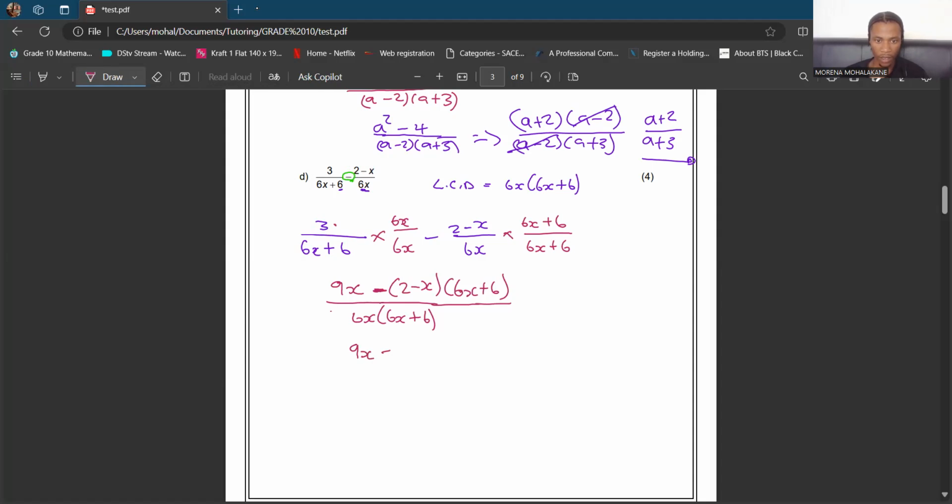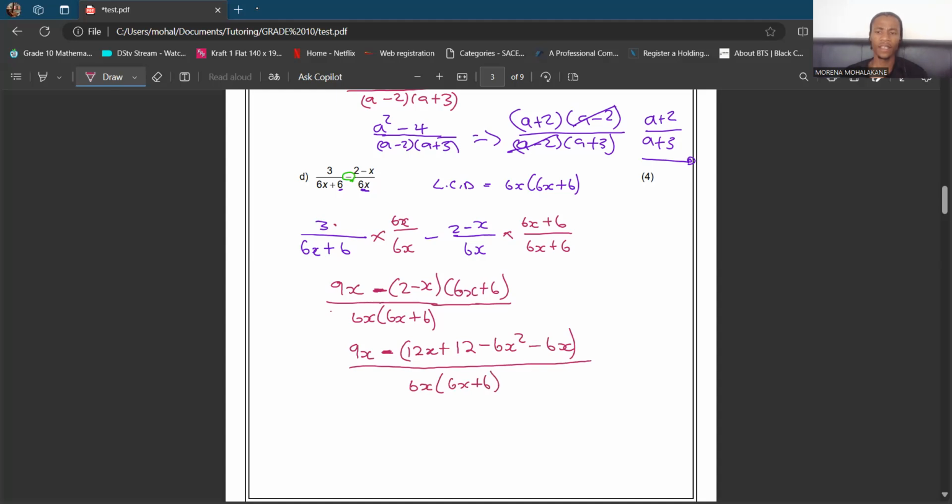I'm going to simplify that bracket there. So I'm going to have 12x, then 12, then minus 6x squared minus 6x all over 6x, then 6x plus 6.